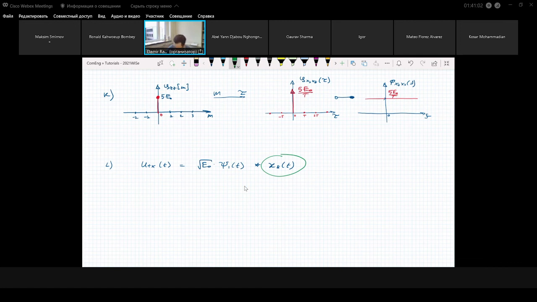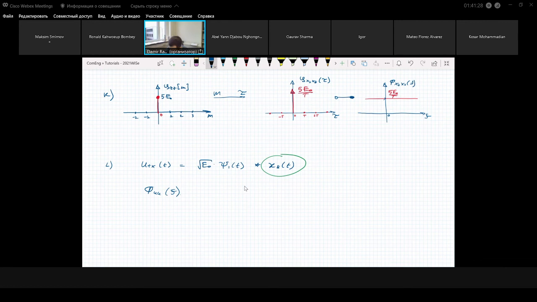Our goal is to find the power spectral density for the whole transmit signal. Of course, we know the autocorrelation function for psi1 of t, because the basis function is just a normalized rectangular pulse.